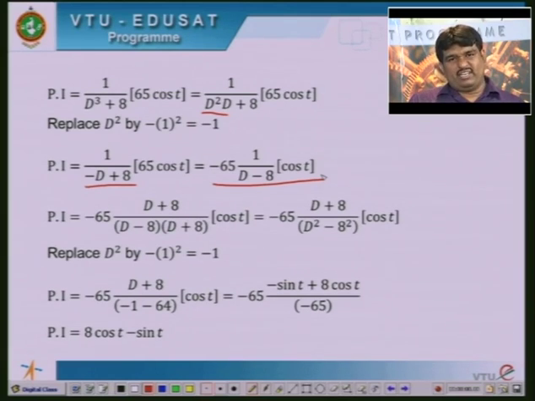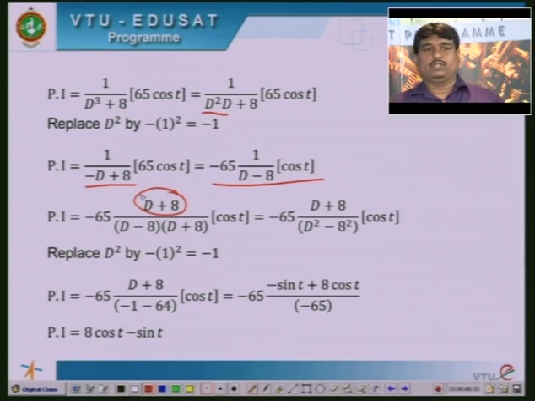We have a linear term in the denominator, and when we have cos t or sin t, we need a D square term. That is why you divide and multiply by D plus 8. Then it is minus 65 times D plus 8 over D minus 8 into D plus 8, which is D square minus 8 square, so minus 65 times D plus 8.